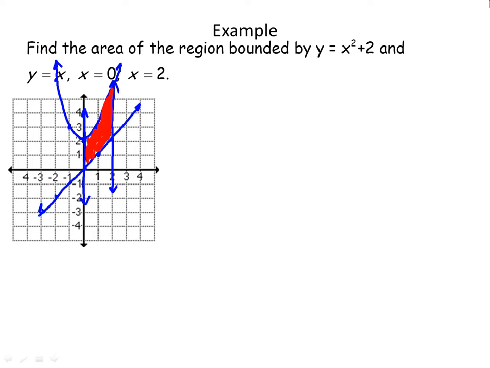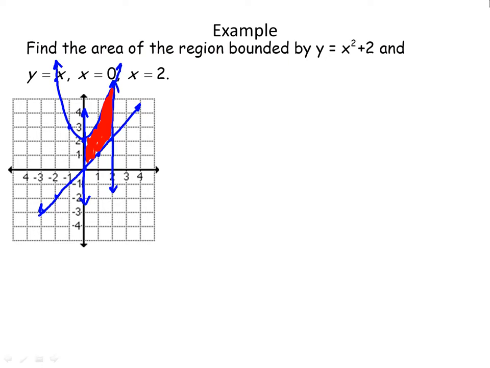If we're doing an R sub X region, what we're going to do is get boundaries off of the x-axis, and we're going to plug in our functions and basically integrate from top to bottom. If we're looking at an R sub Y, our boundaries are going to be off of the y-axis, and then we're going to integrate from right to left.